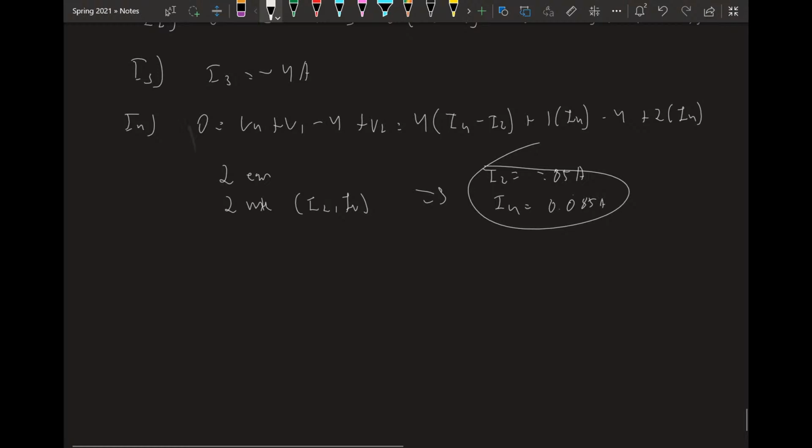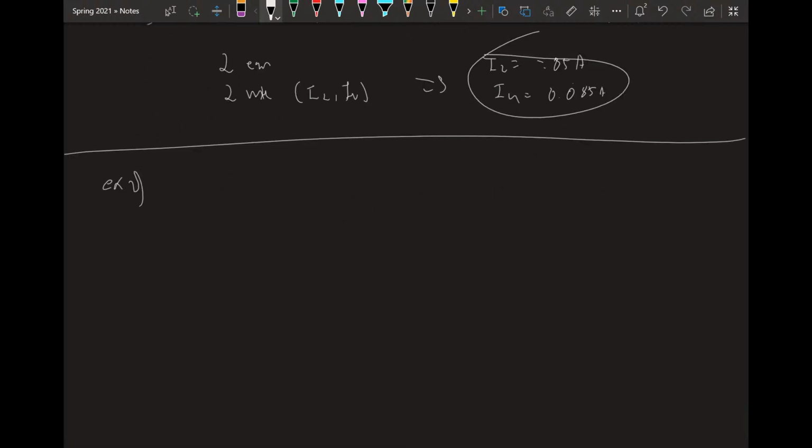So example 2 for mesh current. If you have any questions, feel free to spit them out.